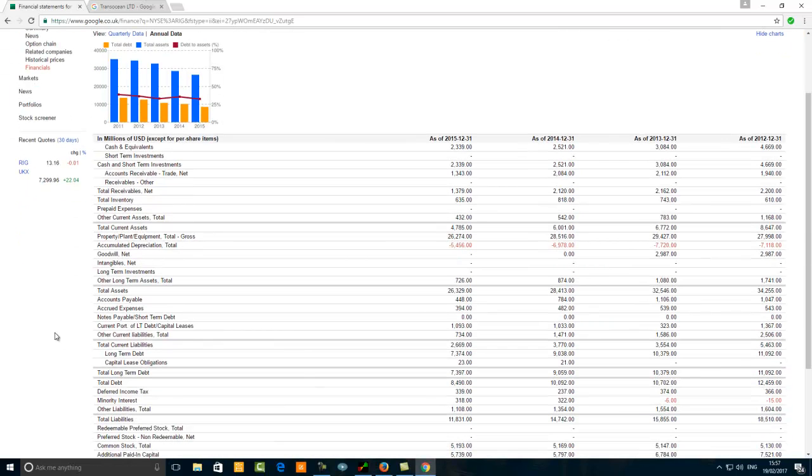All right, let's look at the total current liability. Let's look at the trend. You should look at the trend. The liability in 2012 was 5.4 billion. It went down in 2013, to 3.5 billion, going down.